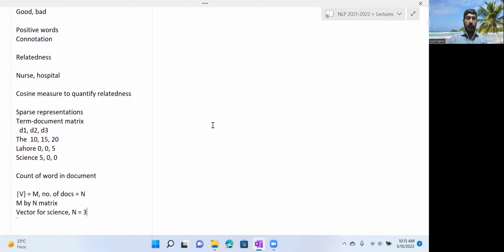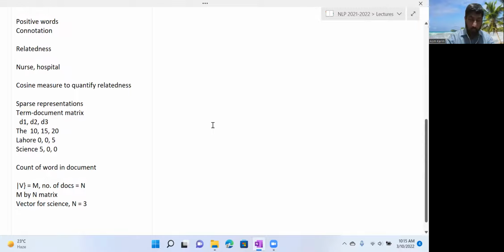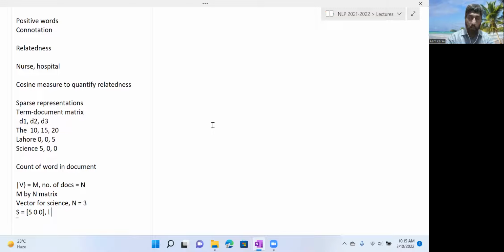So in this representation, the length of the vector is equal to the number of documents that we had analyzed in the corpus. And let's say science as a vector is basically 5, 0, and 0. Similarly, Lahore as a vector would be 0, 0, and 5. And let's say then we have the as a vector, which would be 10, 15, and 20.